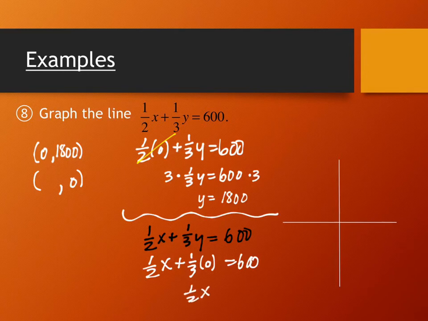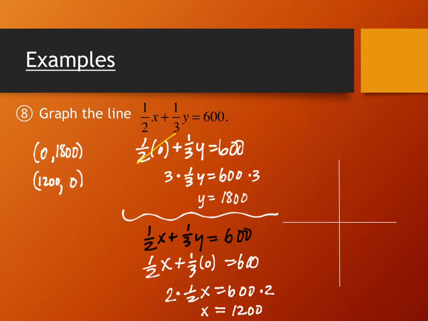Or 1/2 x equals 600. And then what would I do with my 1/2? Multiply by 2. Right. So what would x equal? 600 times 2? 1200. Thank you. So over here, I have 1200.